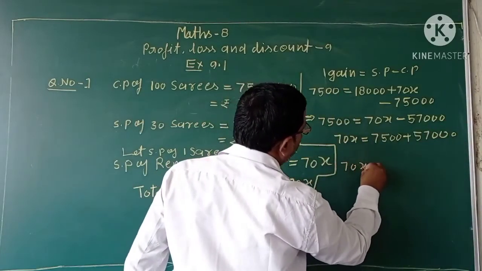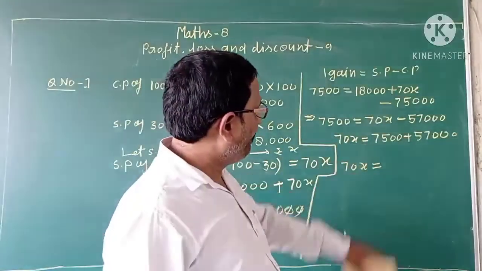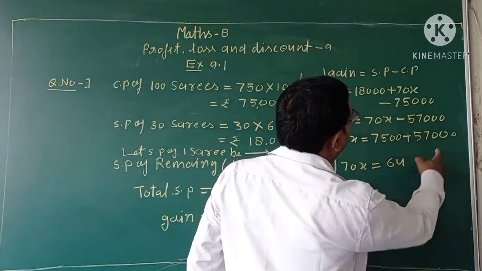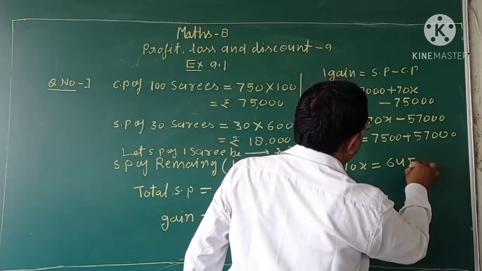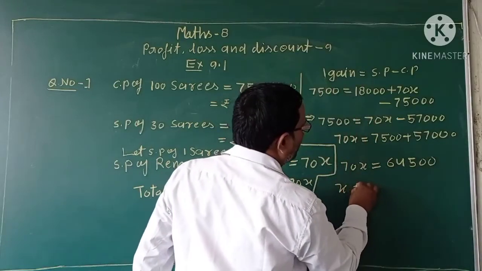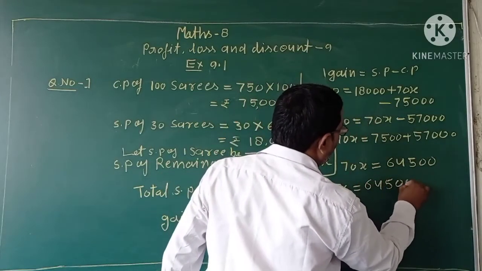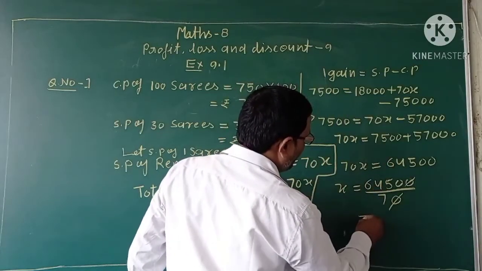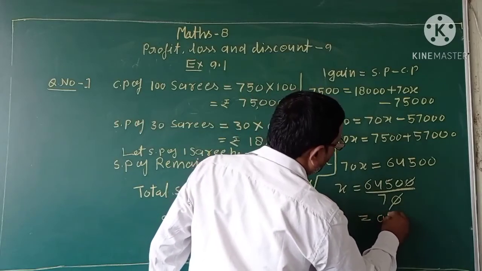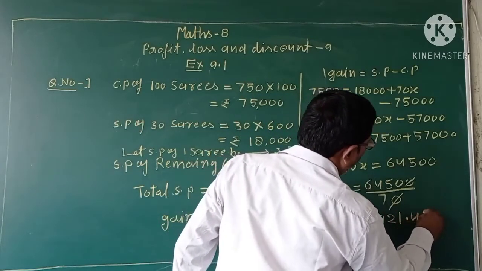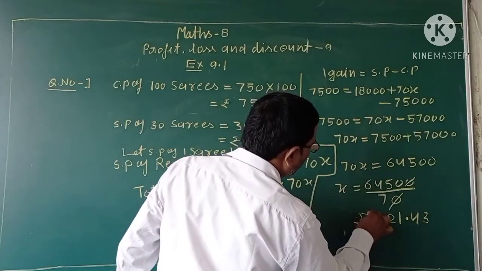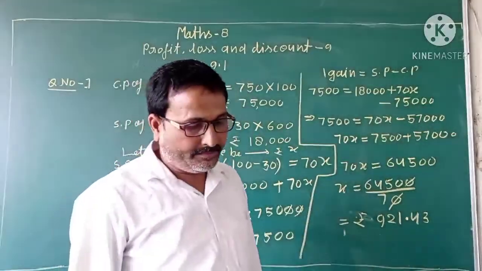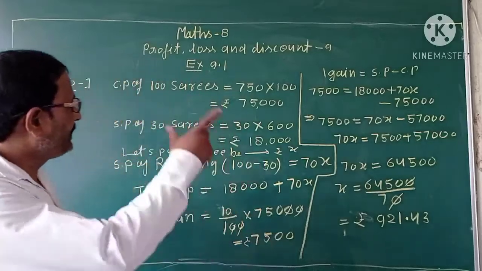If you simplify, 70X is equal to 64,500. Then X is equal to 64,500 upon 70. Zero cancel. If you divide, it will come 921.43 rupees. This is your question number one.